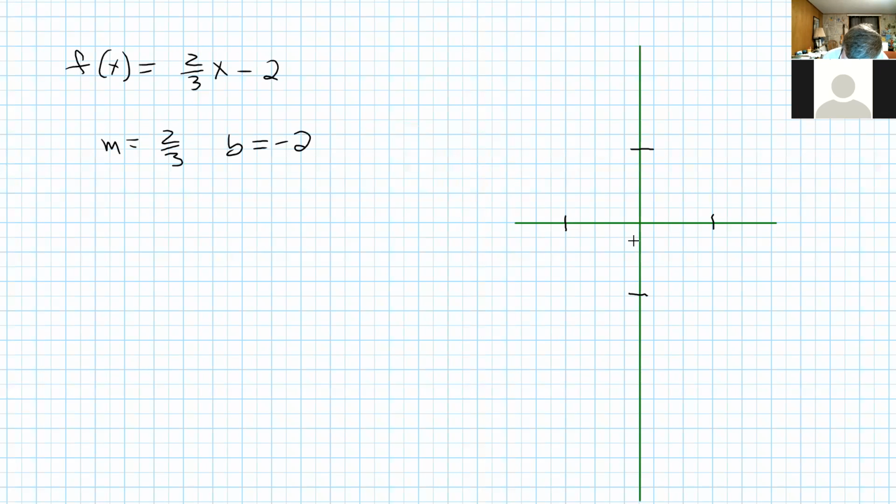So over on the graph, I would plot the point (0, -2), and then using the slope of up 2 over 3, I will plot some additional points, and then I'll come back and draw the line. So there is the graph of f of x equals 2/3 x minus 2. Any questions there?